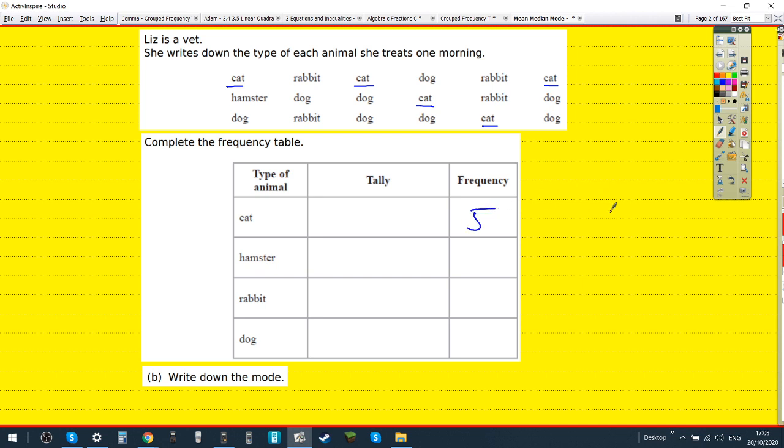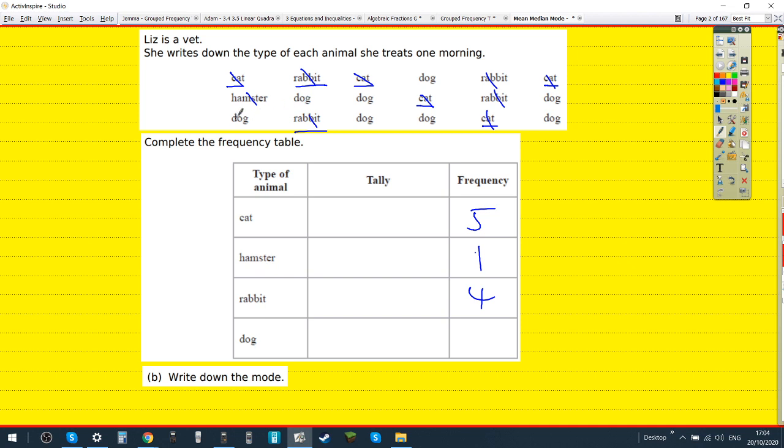That's it. There's 1 hamster. 4 rabbits. And 9 dogs.